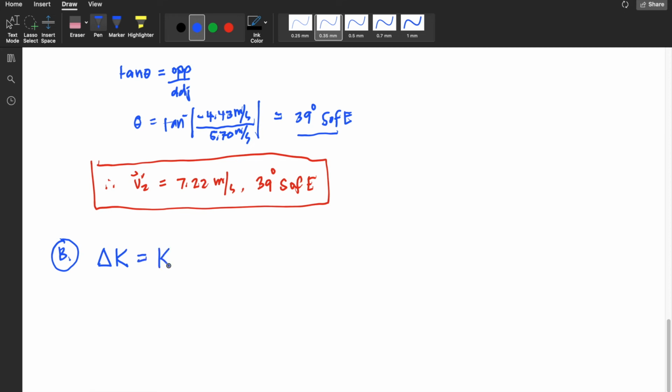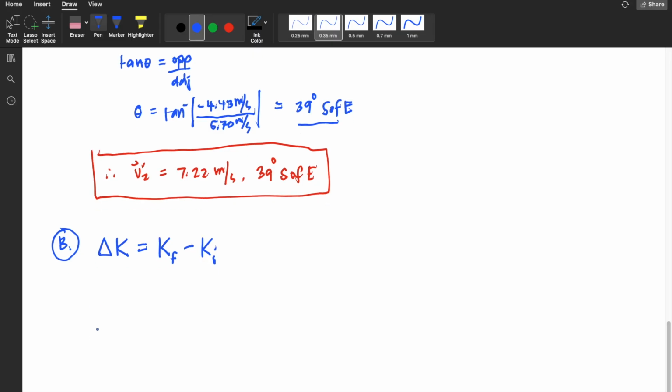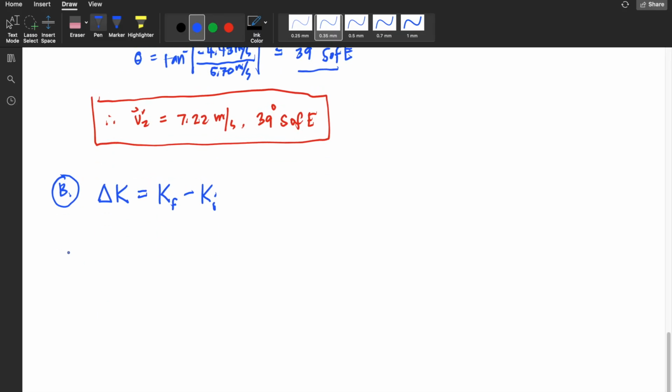So here, we'll try to find the total kinetic energy of the system before collision. So here we'll have K initial.